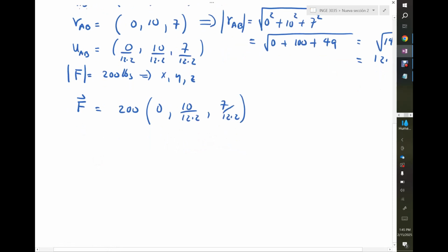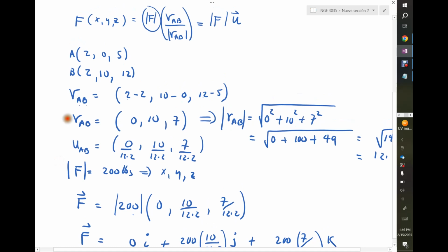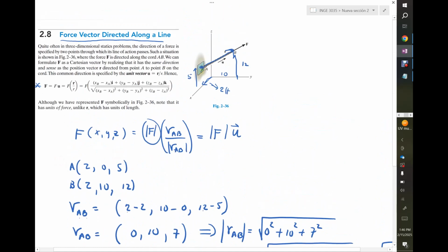So if we break down this magnitude of 200, F will be 200 times 0, that will be 0 on the X position, let's call that I, and then plus 200 times 10 divided by 12.2, and that's on the J, and plus 200 times 7 divided by 12.2, and that's going to be on the K. So this is basically the distribution of our vector, in this case that force of 200 pounds, which we said is going to be like this one.